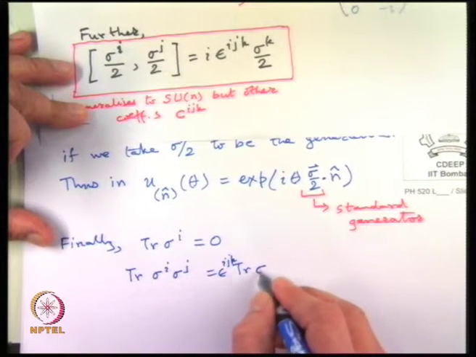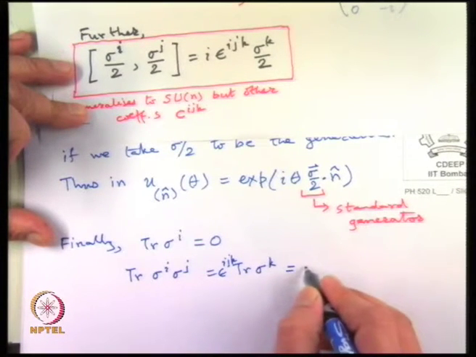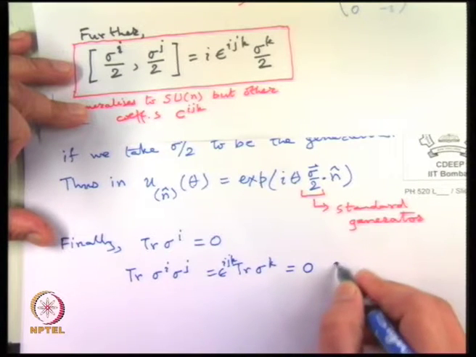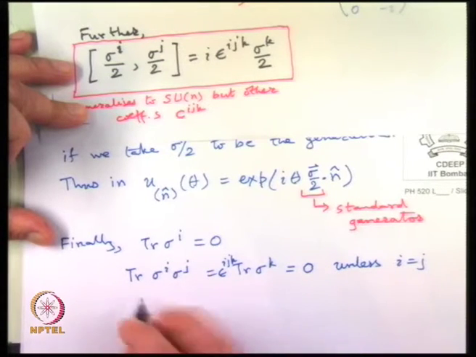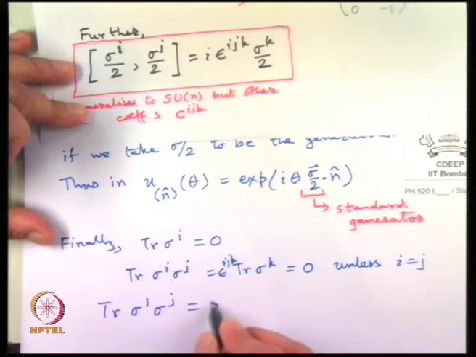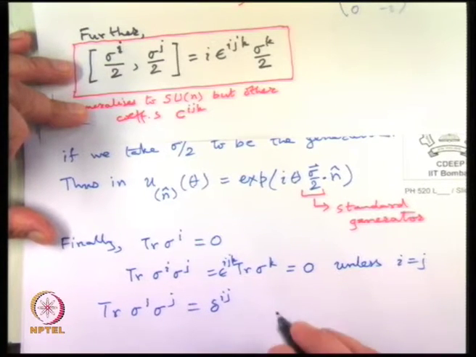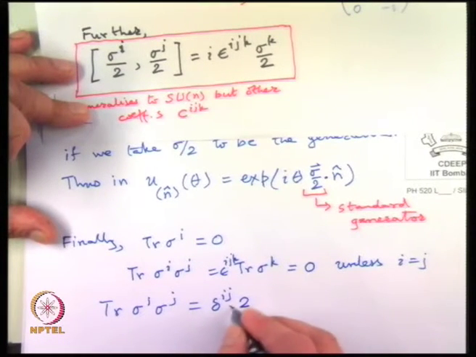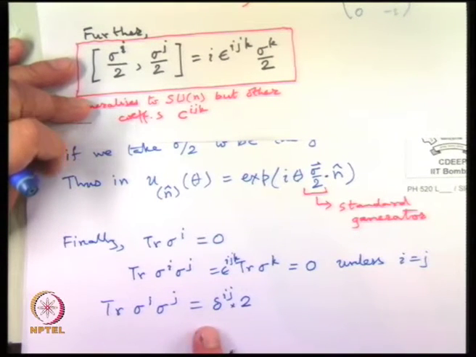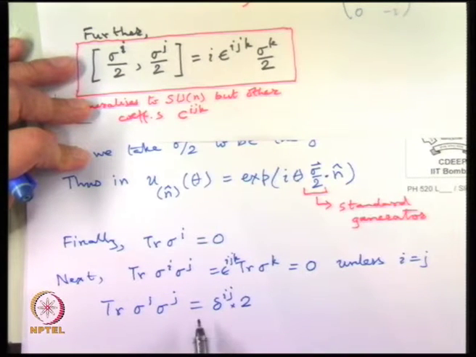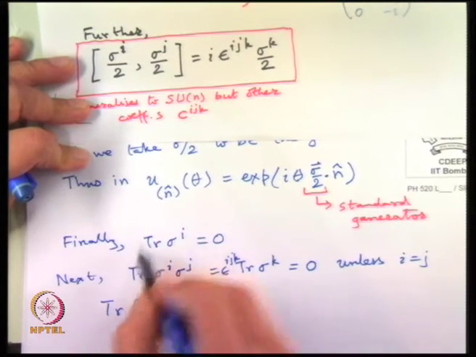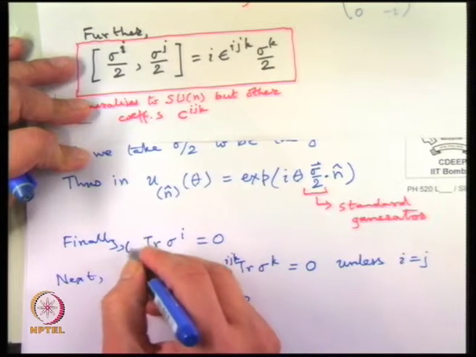It will become trace of sigma k. So this is equal to 0 unless i equal to j. So trace of sigma i sigma j is equal to delta ij times 2, because when i equal to j, so finally these two properties of traces, 1 and 2, apply.